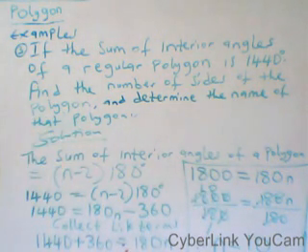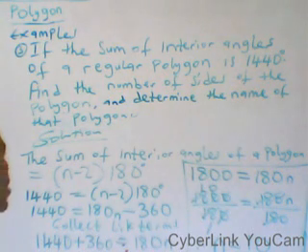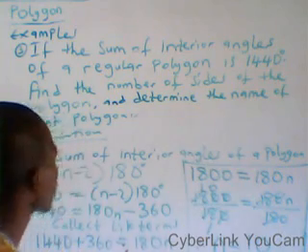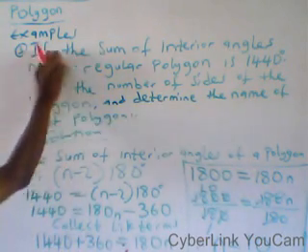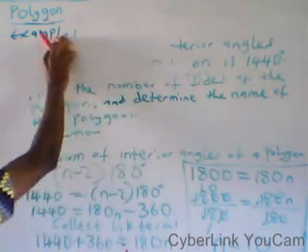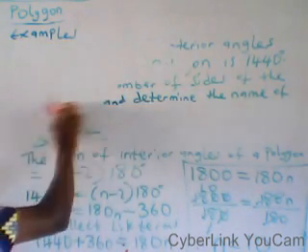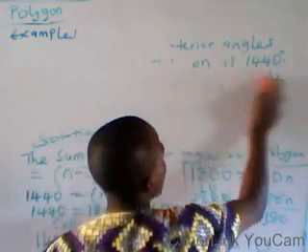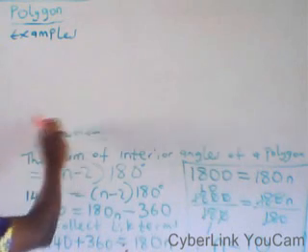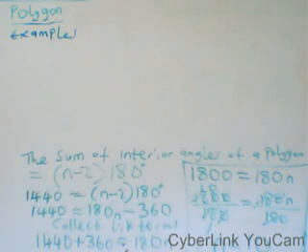And if n is equal to 10, the question says that we should determine the name of that polygon. A polygon with n sides, with 10 sides. A polygon with 10 sides is called decagon. According to the table given to you earlier, whenever you have a polygon that has 10 sides, such a polygon is called a decagon.